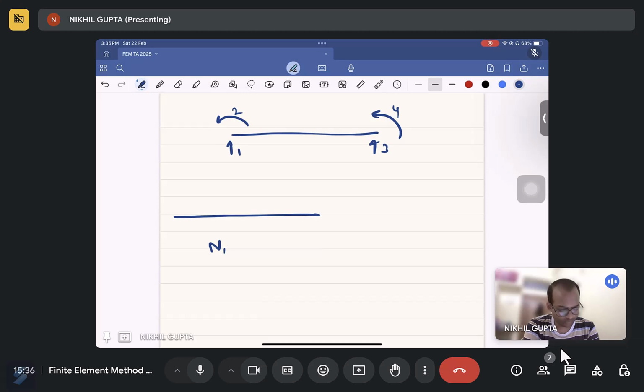So what are the properties of shape functions? There are two, three properties which a shape function should follow.